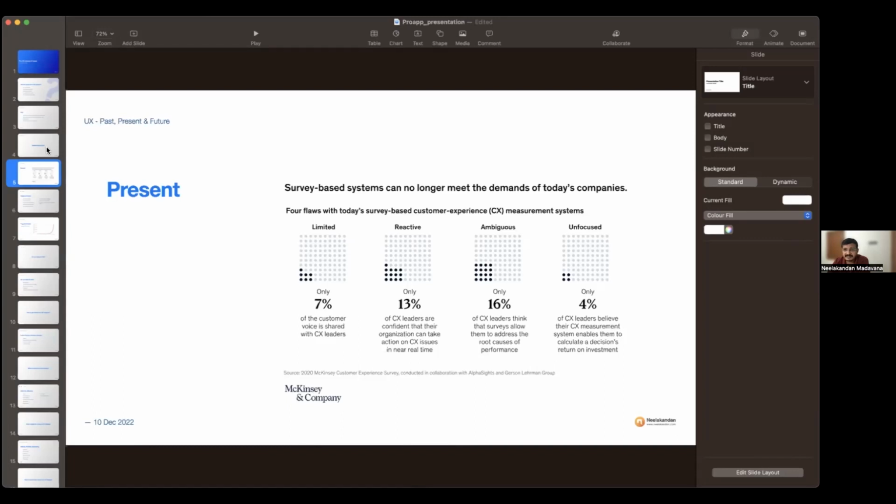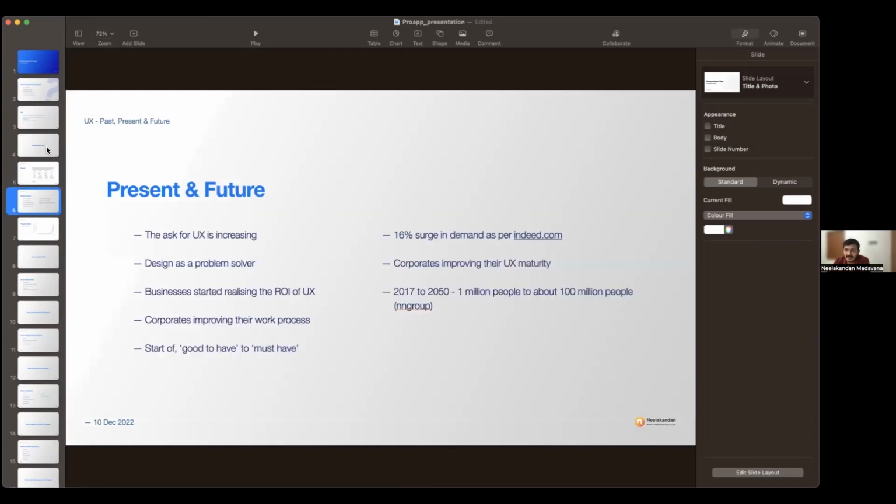Only those companies are giving people the real-time experience that they want, and the remaining 93 percent are yet to get the data and yet to go there. So that is the percentage that we want to know.